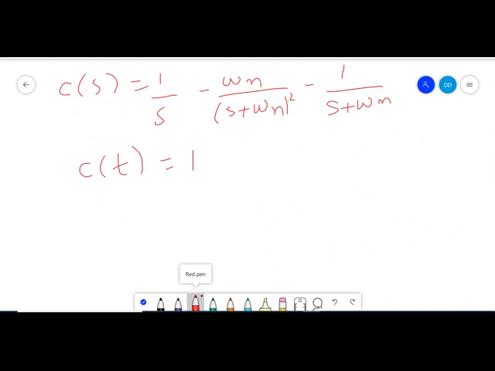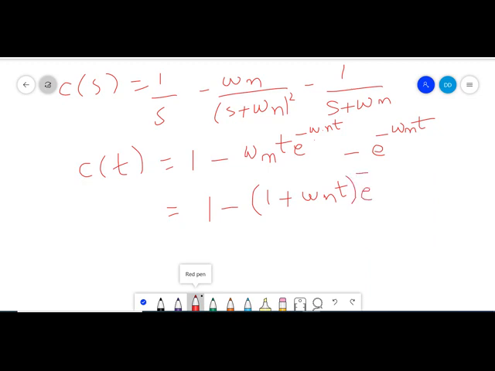So now we can take the inverse Laplace. C of t is equal to 1 minus omega n into t into e to the power minus omega n t minus e to the power minus omega n t, or it can be rewritten as 1 minus 1 plus omega n t into e to the power minus omega n t, for all values of t greater than or equal to 0.